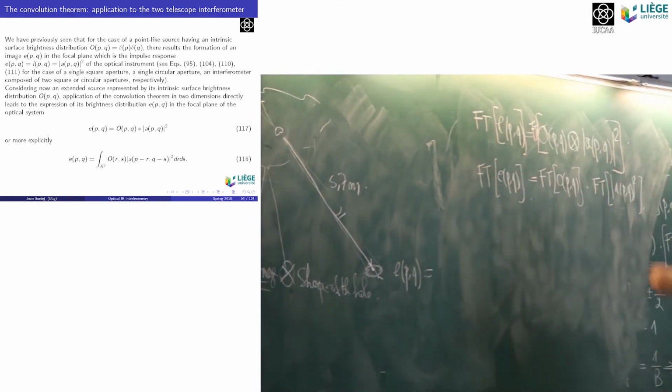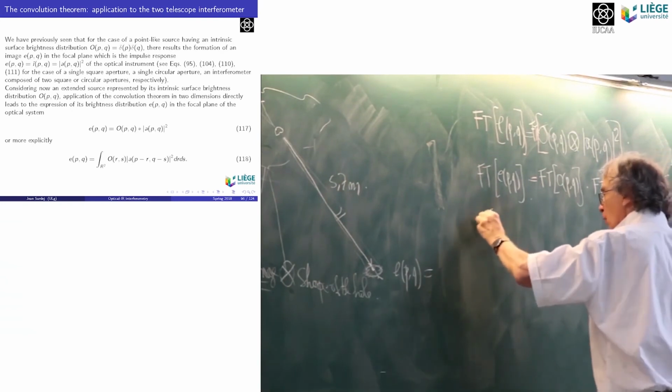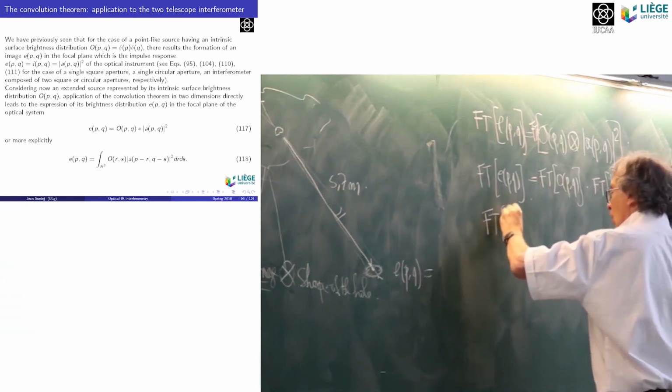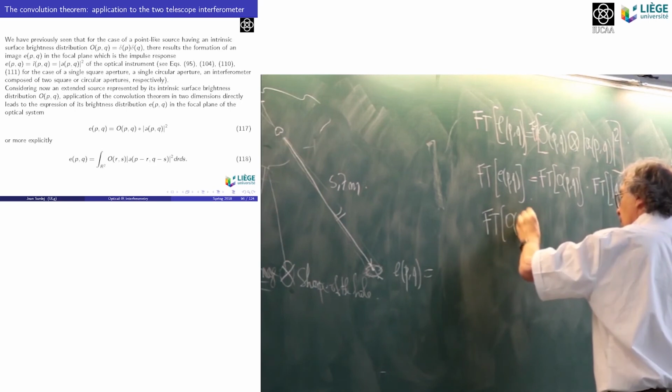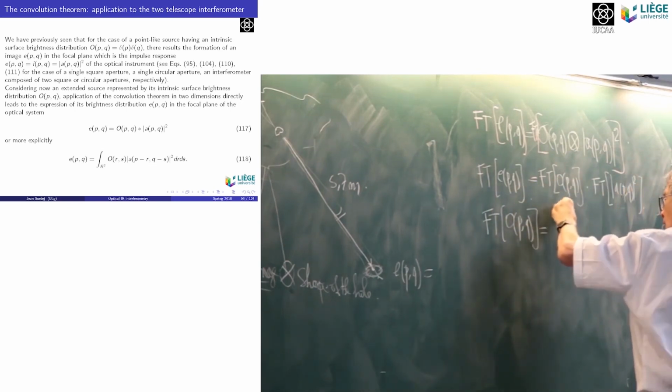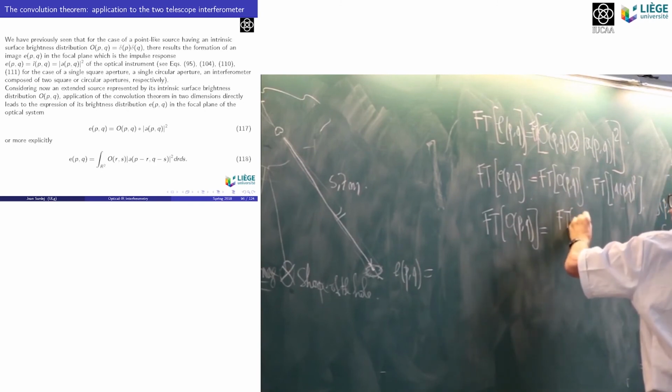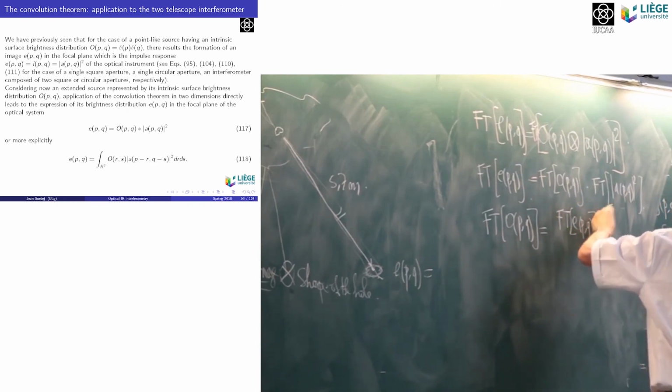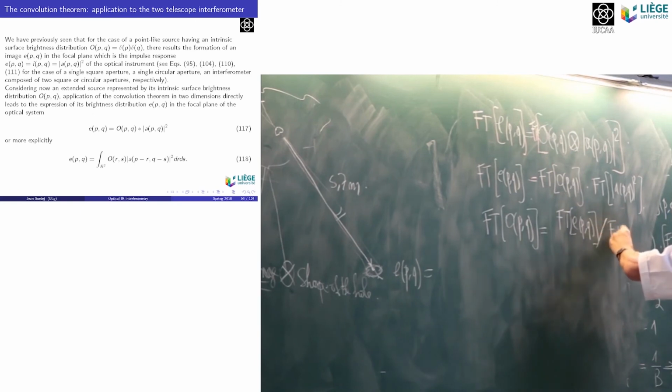Okay. From this, I may infer that the Fourier transform of O(p,q) is equal to the Fourier transform of E(p,q) divided by the Fourier transform of the modulus of A(p,q) squared.